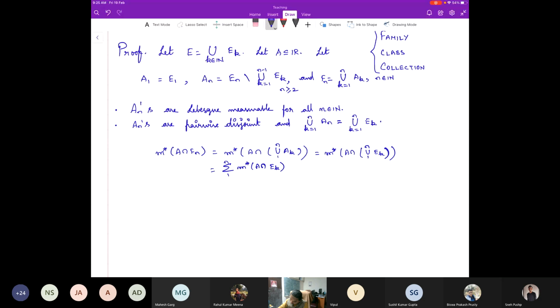So I cannot use this here. I'll have to use only AKs. This will be the same as the summation 1 to N of M star of A intersection with AK. This is from the previous lemma. So let me call this 1.